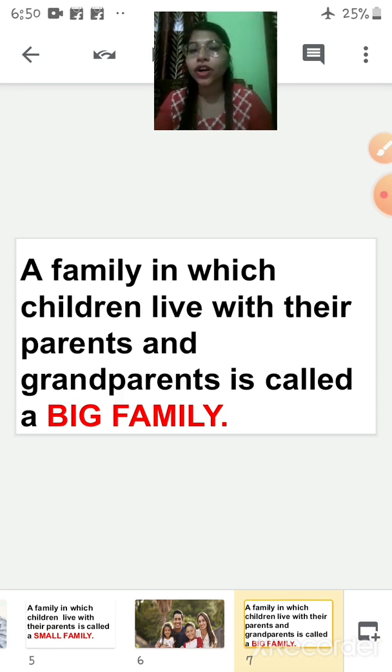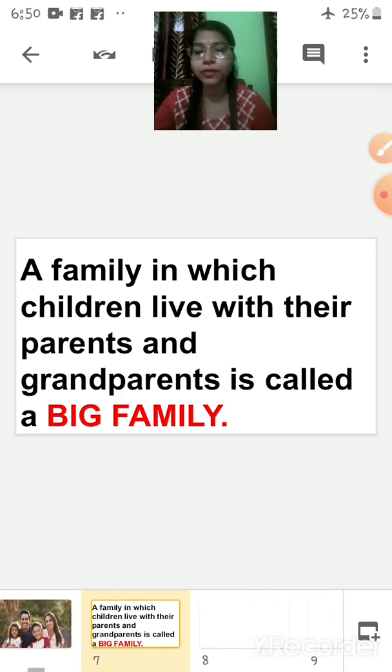So your grandfather, your grandmother, your mother, your father, all comprise a family. A family in which children live only with their parents is a small family. Understood children? I hope you have understood the difference between a big family and a small family.